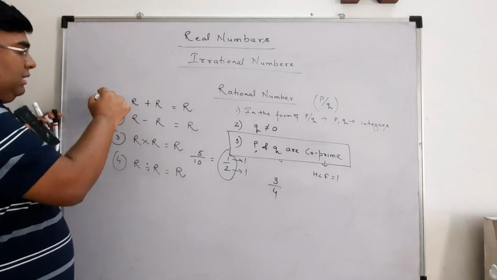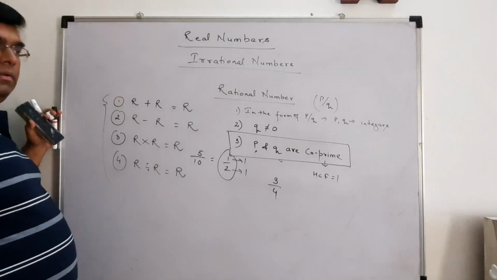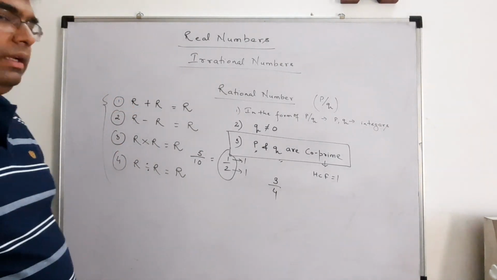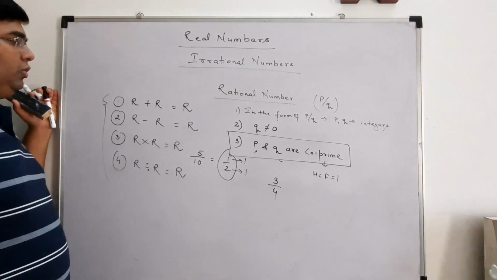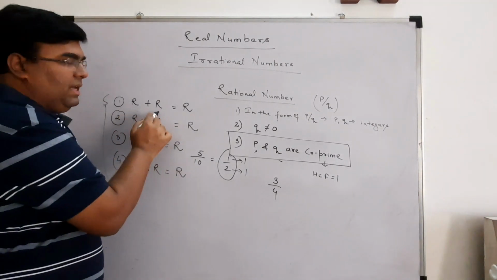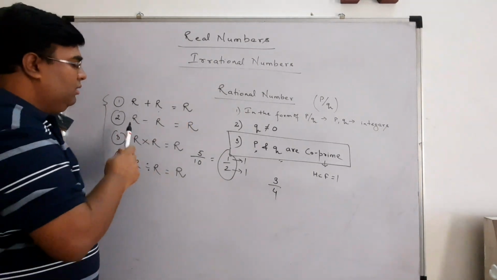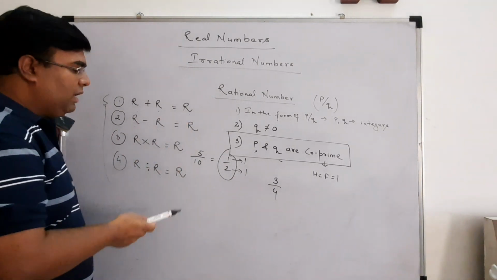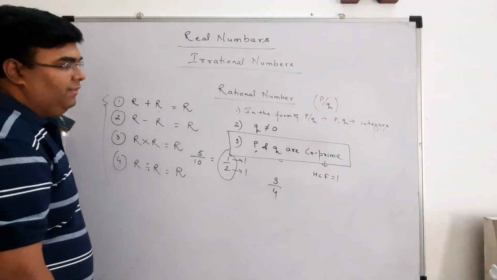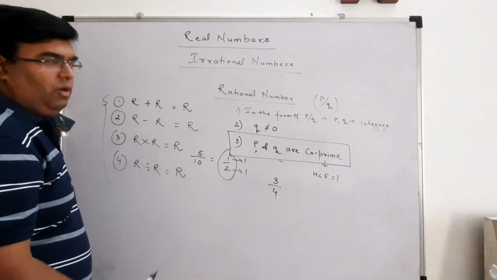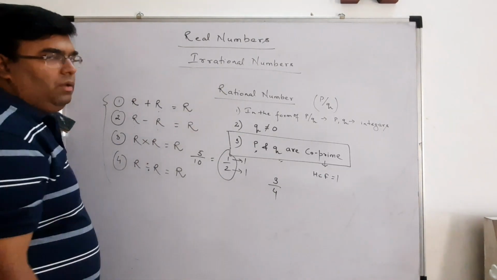We will use these four properties in detail later on. So just remember this: rational plus, minus, multiply and division will give you rational. We cannot say this about irrational.